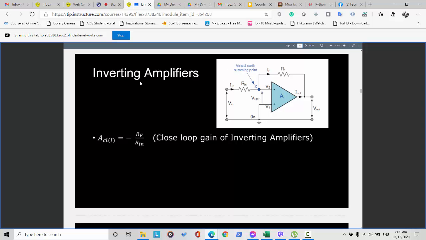If we want to compute the closed loop gain of the inverting amplifier, the formula will be the value of the feedback resistor, this one over here, divided by the input resistor. So that will be the computation of the inverting amplifier's closed loop gain.